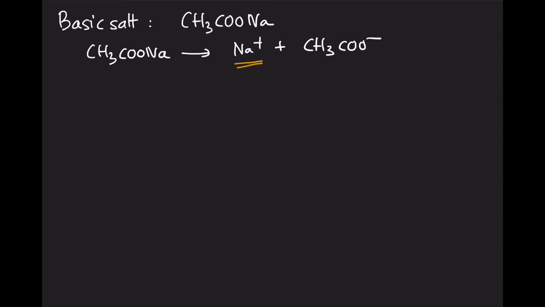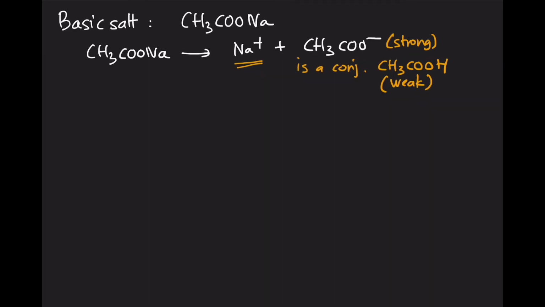On the other hand, CH3COO- is a conjugate of CH3COOH. And since CH3COOH is a weak acid, its conjugate will be the inverse of it. It will be a considerably strong base. So the one that will cause the basic properties here is actually the CH3COO-.